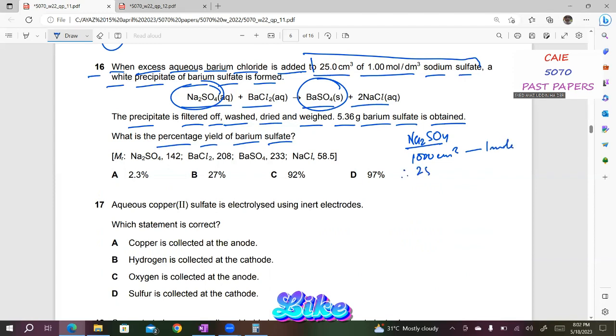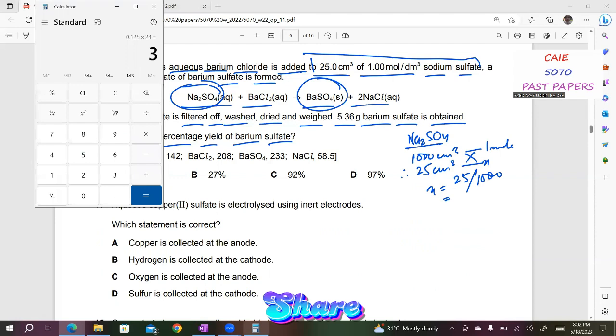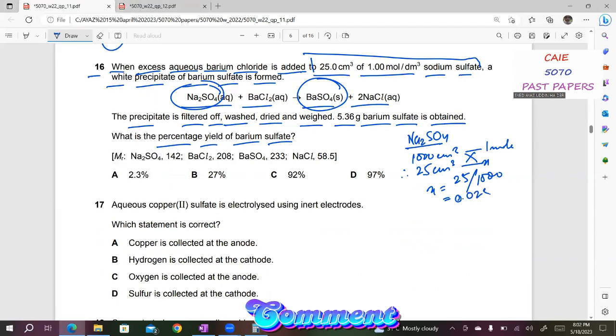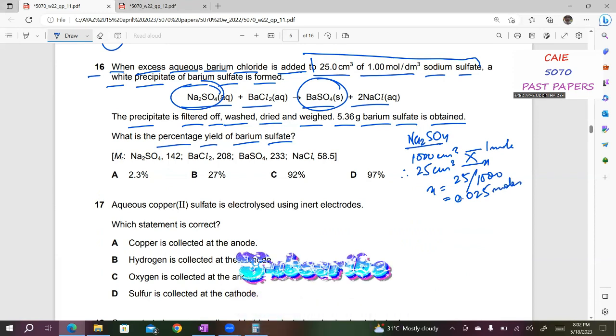Therefore, 25 cm³ contains X mole. So X is equal to 25 divided by 1000, which is 0.025. 0.025 is the moles for Na2SO4.